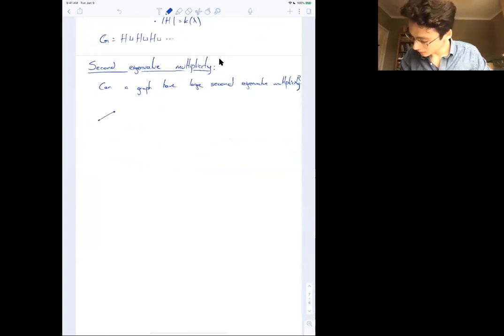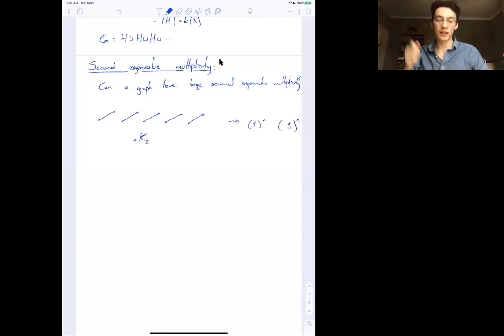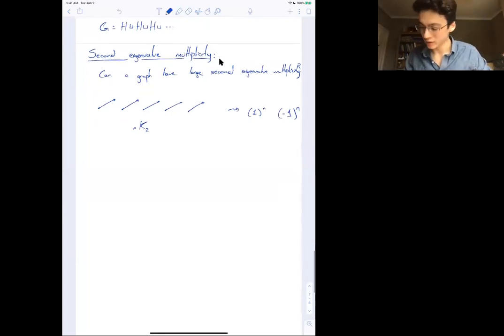For example, I could take a bunch of disjoint small graphs. Here we have n copies of a path of length 2, and its spectrum is the top eigenvalue 1 occurring with multiplicity n, and the second eigenvalue -1 occurring with multiplicity n. So here the second eigenvalue occurs with multiplicity half the total.